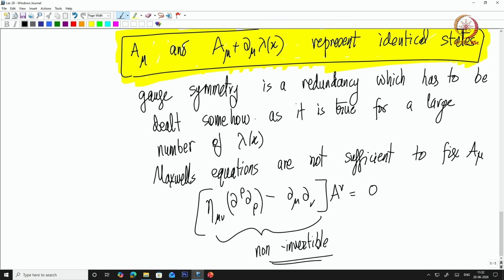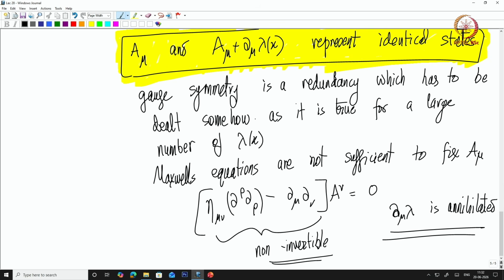That means you cannot invert it, its determinant is 0. Also, any del mu lambda is annihilated: if you put any del mu lambda into this equation, it just goes away.